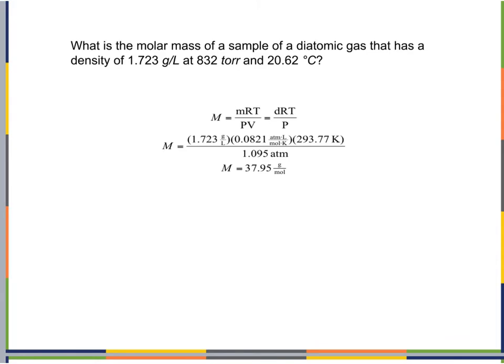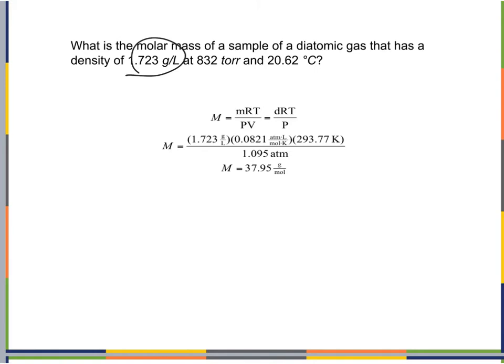And so it says, what's the molar mass of a sample of a diatomic gas that has a density of 1.723 grams per liter? Again, this rearrangement where density is part of this, we can solve for density in this equation. Now we plug it in, and we've got this 1.723 times R times T over the pressure, right?